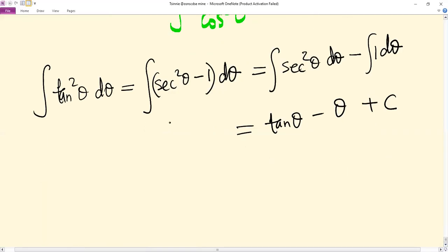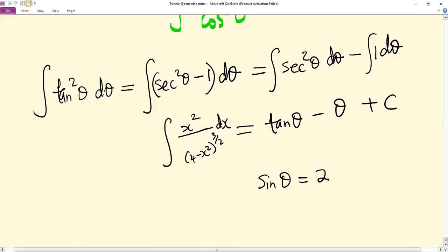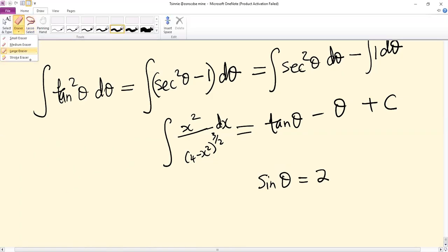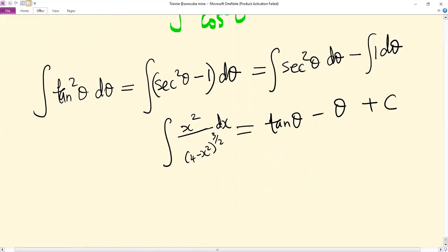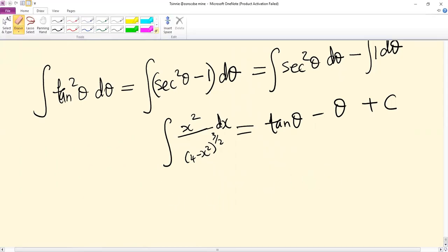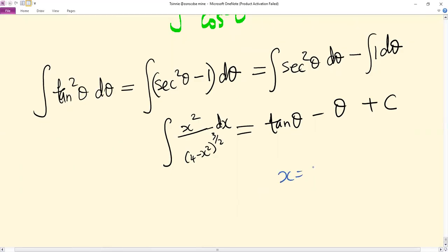So this is the same as the integral of x squared over (4 minus x squared) raised to the power 3 over 2 dx. But you don't stop here, because theta was not in the question. So we use x equals 2 sine theta, which means sine theta is x over 2.